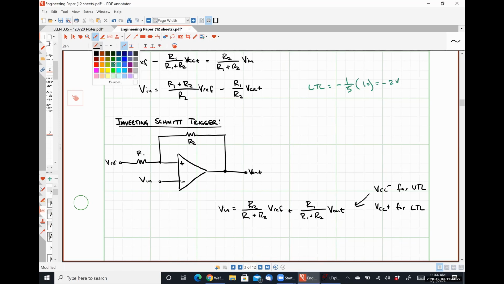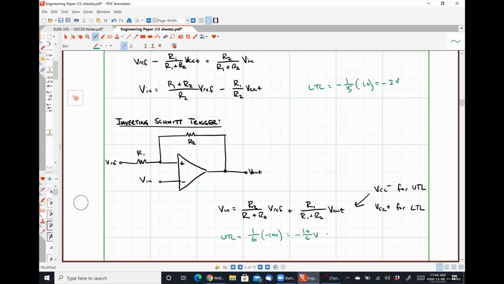So for our example here, since Vreference is still 0, that's going to get thrown away. So we're going to have 1/6 times -10 volts, -10 over 6. Yeah, -10/6. I'm just going to write it as that.